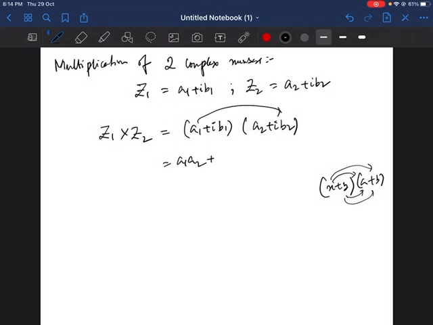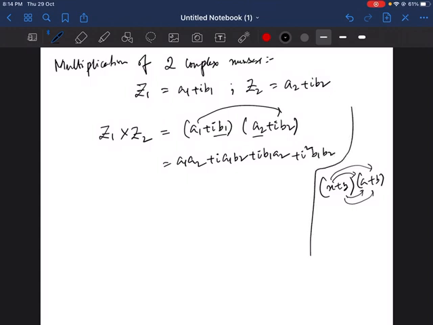Look at here, there is i, so I will write i first, i a1 b2. Then i b1 a2. Then look at here, i into i, so it becomes i square and b1 b2.